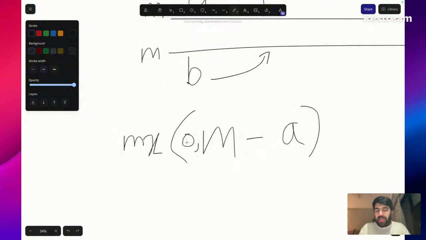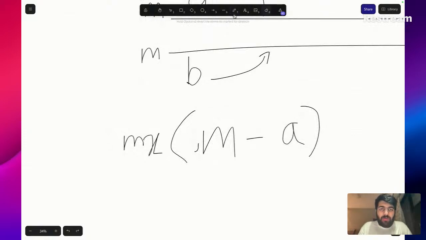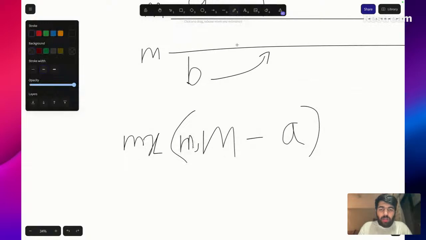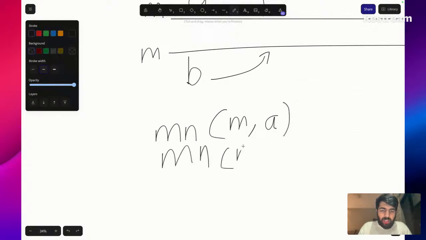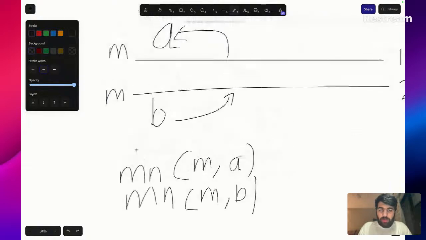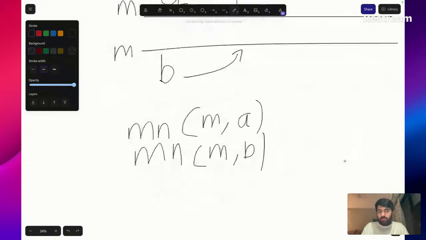Because if it goes negative, the maximum is just 0. Sorry, not that, but the minimum of M and A, whatever I have chosen, and the minimum of M and B, whatever I have chosen. It is possible that B just fills this whole row.